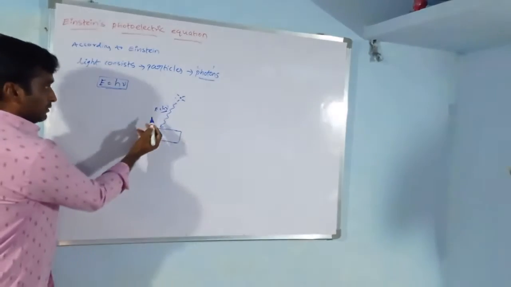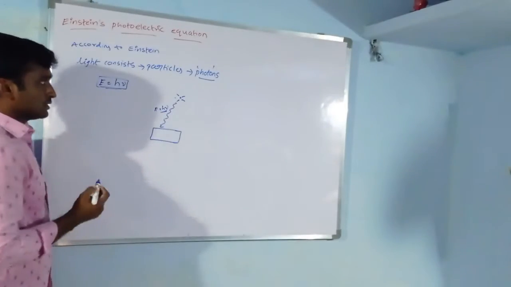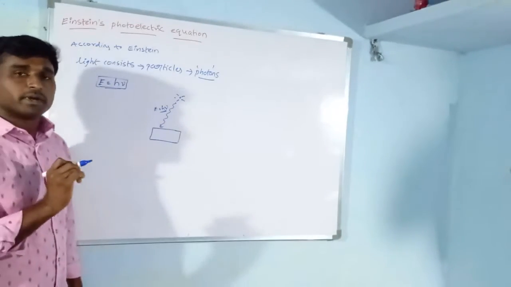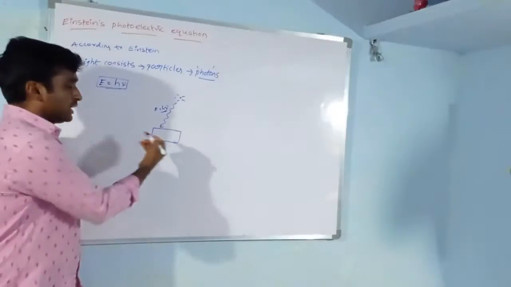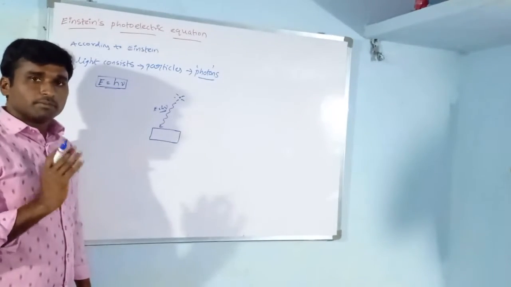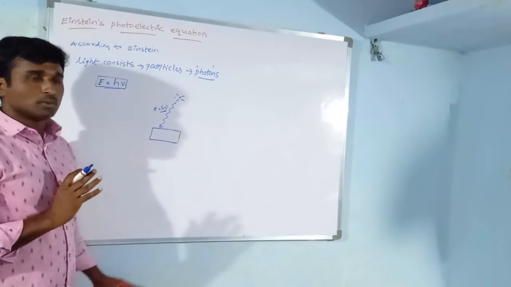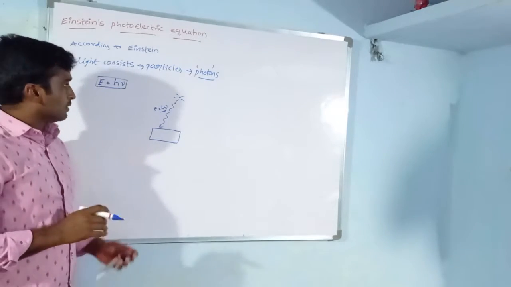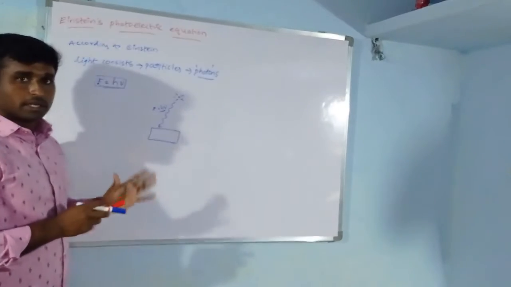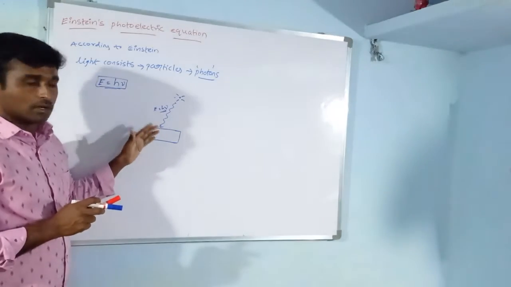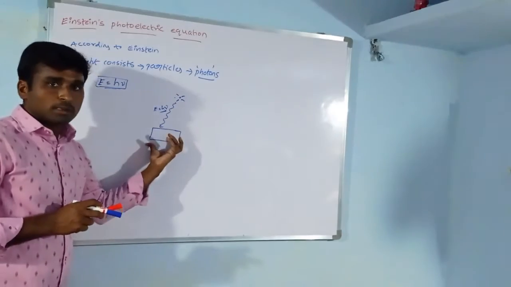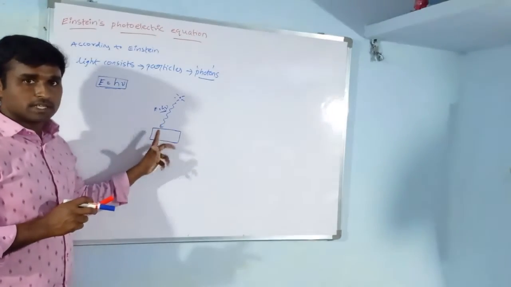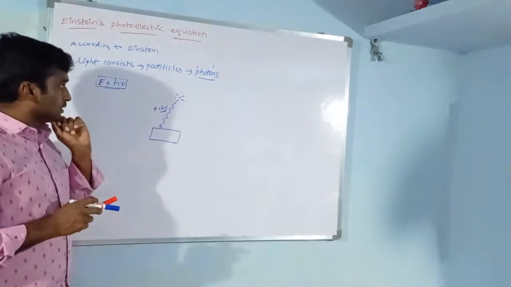Some of the energy is utilized to liberate the electron from the metal surface, and the remaining energy is used to give kinetic energy to the electron.